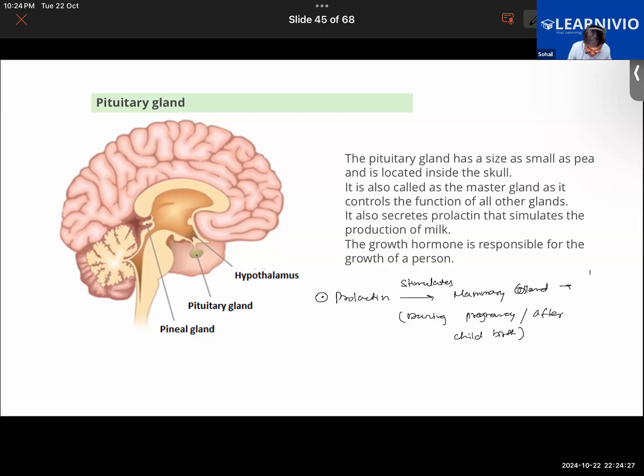As a result, milk production takes place. That is one thing. Another hormone that is produced by the pituitary gland is the human growth hormone, in short, also written as HGH.